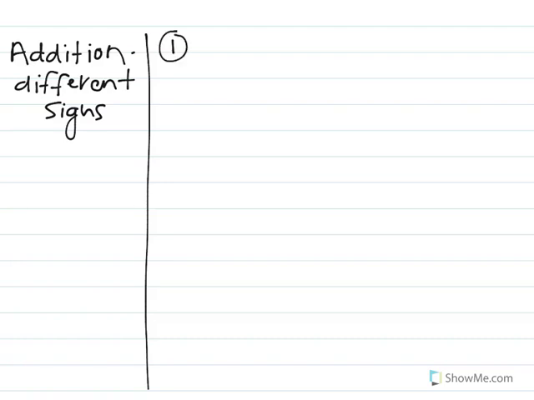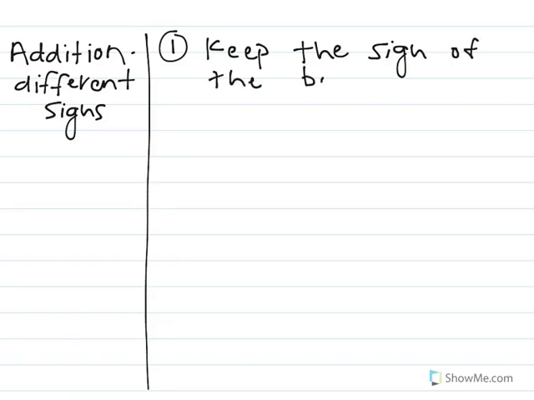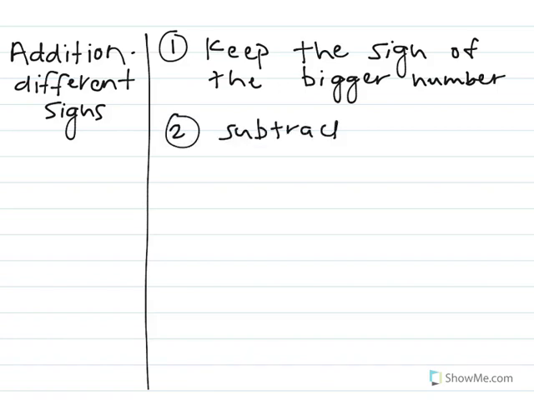Step 1 is to keep the sign of the bigger number. And then step 2 is to subtract the numbers. And that will give us our answer. So let's look at an example of that.